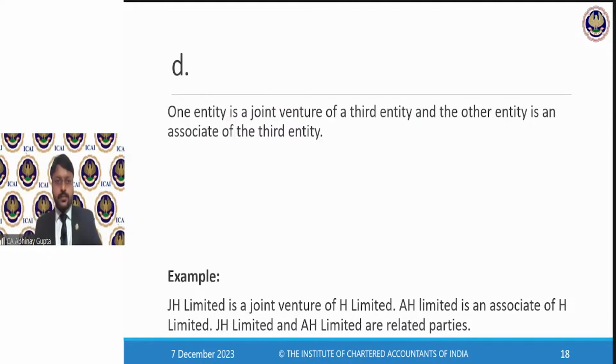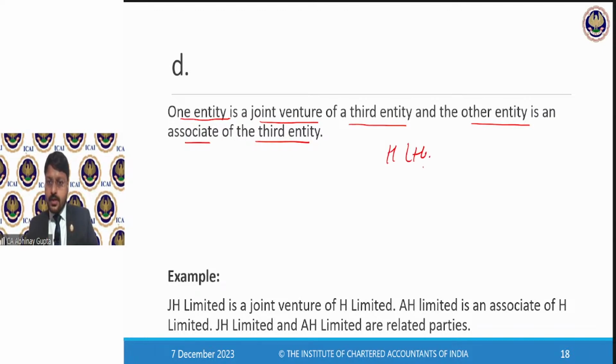Let's move to the category D. One entity is a joint venture of a third entity and the other entity is an associate of the third entity. Okay. Again, this is H Limited. So I hope you are drawing these charts, right? Whatever we are discussing here, so that it will give you a quick revision in future.